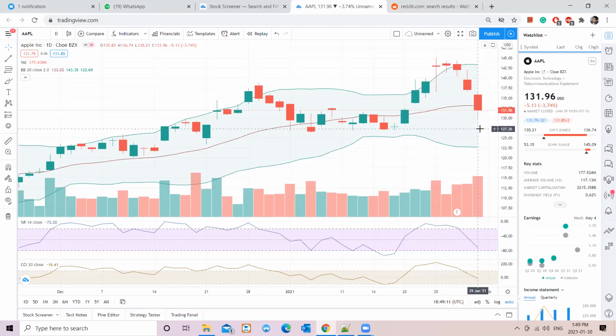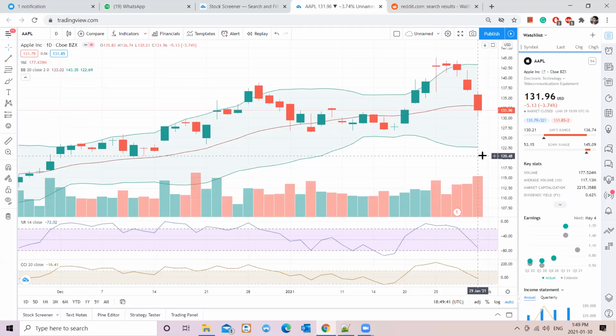Again, this support price around 126, where it had touched almost 3 times. So a buy price around 126 with a stop loss of $123 stop loss. 121.